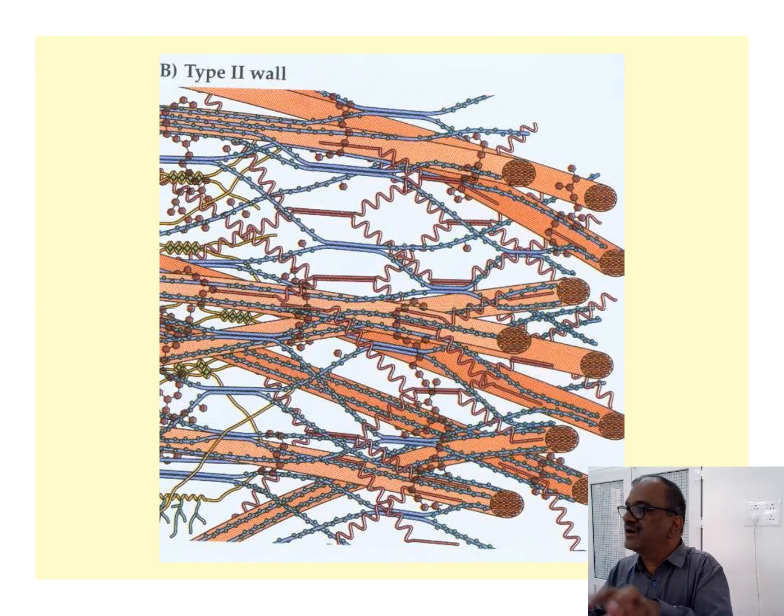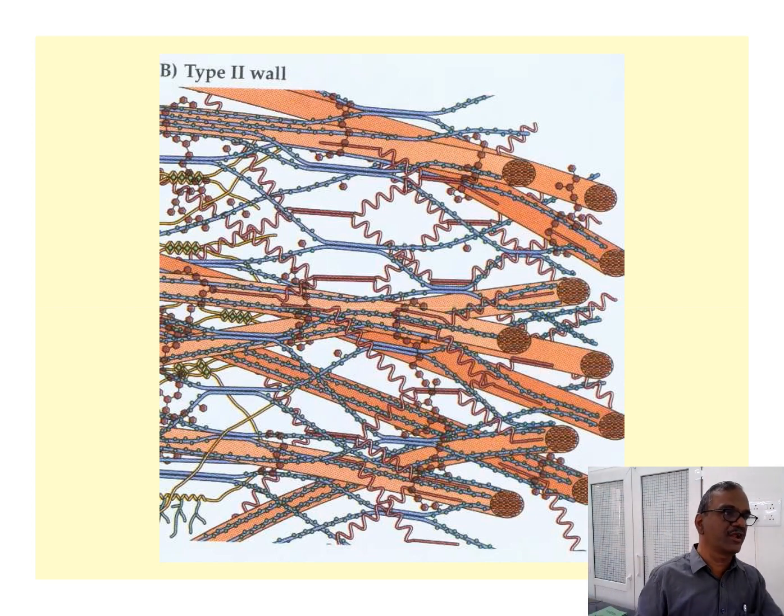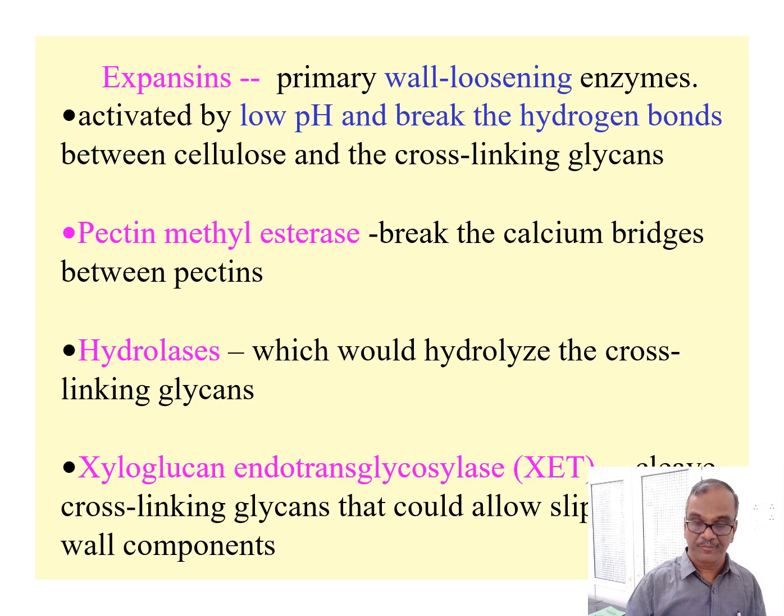They are in different types of rearrangements, so the plant cell walls are classified into type 1 cell wall and type 2 cell wall. That's enough. Are you able to appreciate the difference between 1 and 2? Which one is very loose? Easily, type 2 is very loose, whereas the very fixed one, sorry.